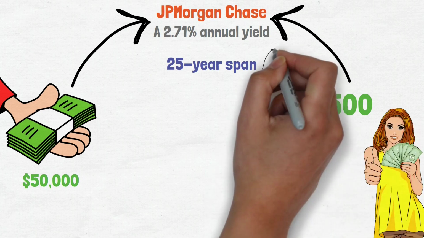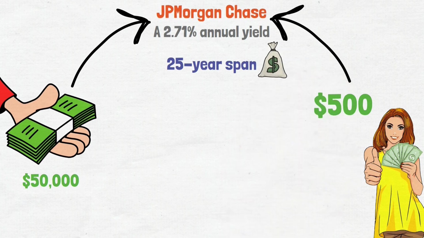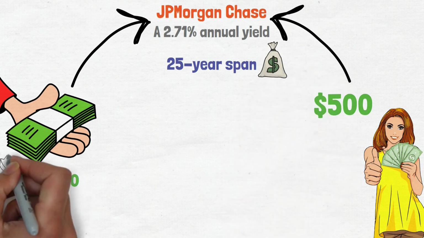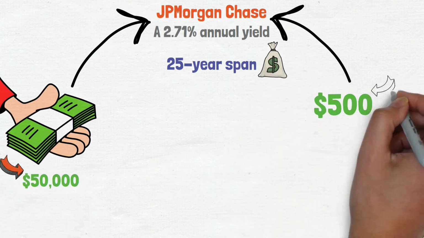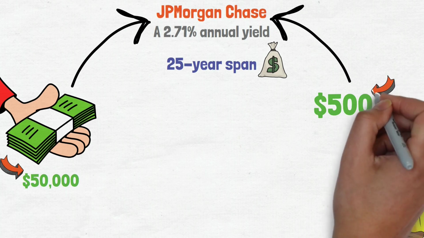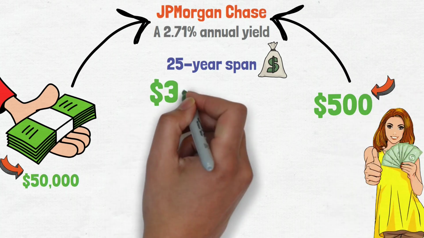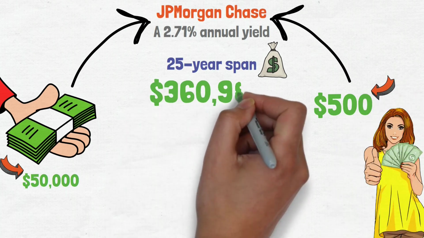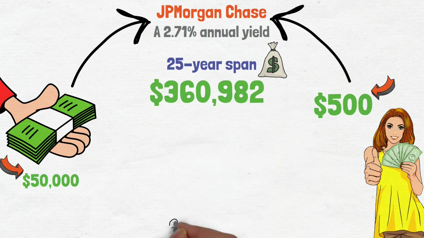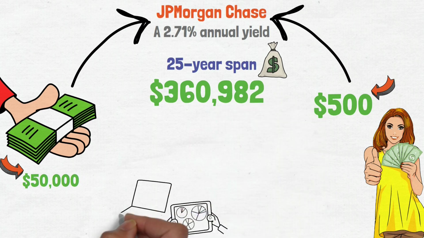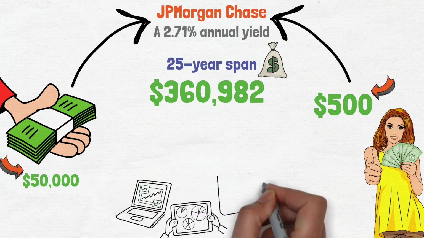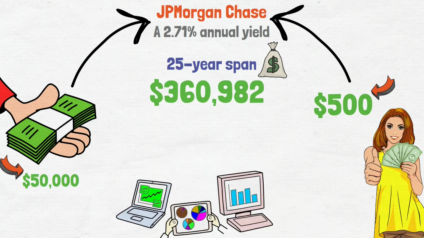In 25 years, her financial diligence has paid off handsomely. Her $50,000 initial investment, combined with the regular $500 monthly contributions, grows to an impressive total of $360,982.